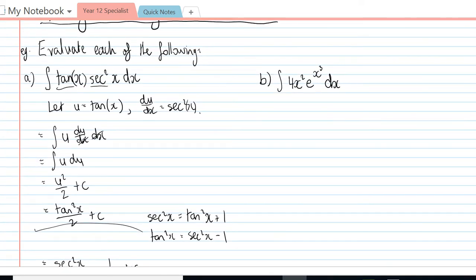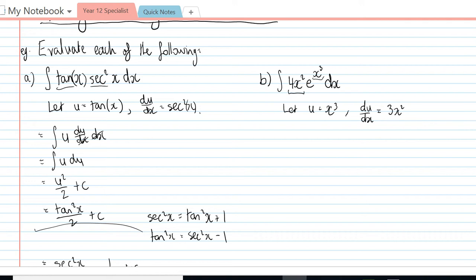Now I will do this other example here, and this is the only other example I'm going to do on this video. I'm going to do another video following up with some more complicated questions. In this one, we need to notice that the 4x squared is pretty close to a derivative of x cubed. So I can say let u equal x cubed, which means that du dx must equal 3x squared.